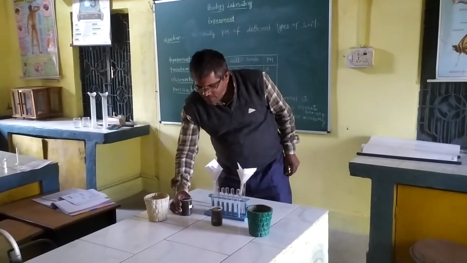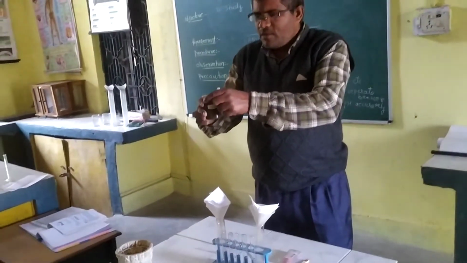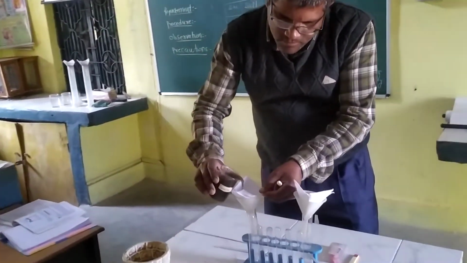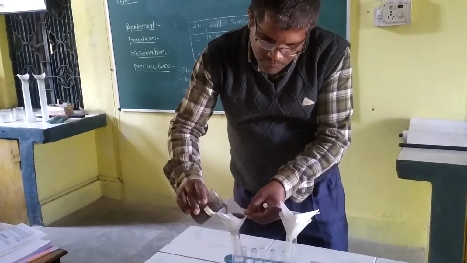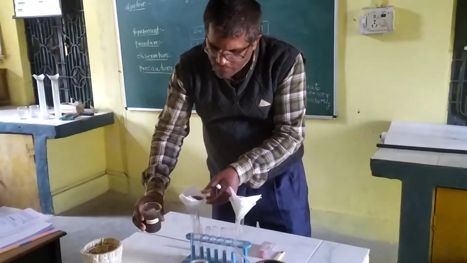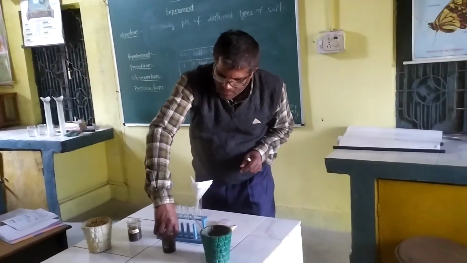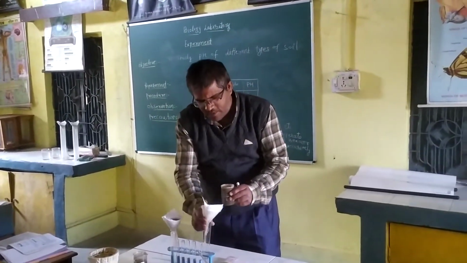Now after the soil has settled at the bottom, we have to filter the water. We have to filter this water. This is the soil sample of the roadside, and this is the soil sample of the garden.